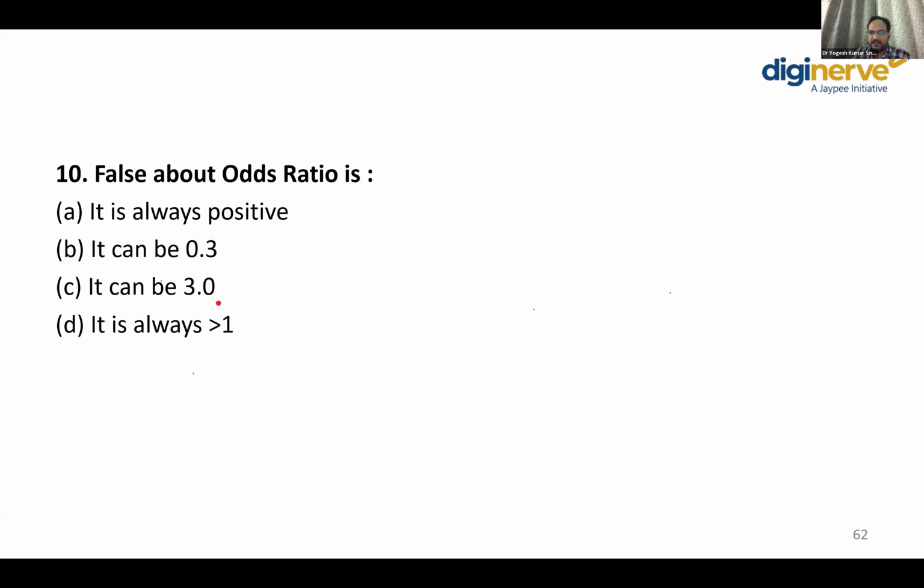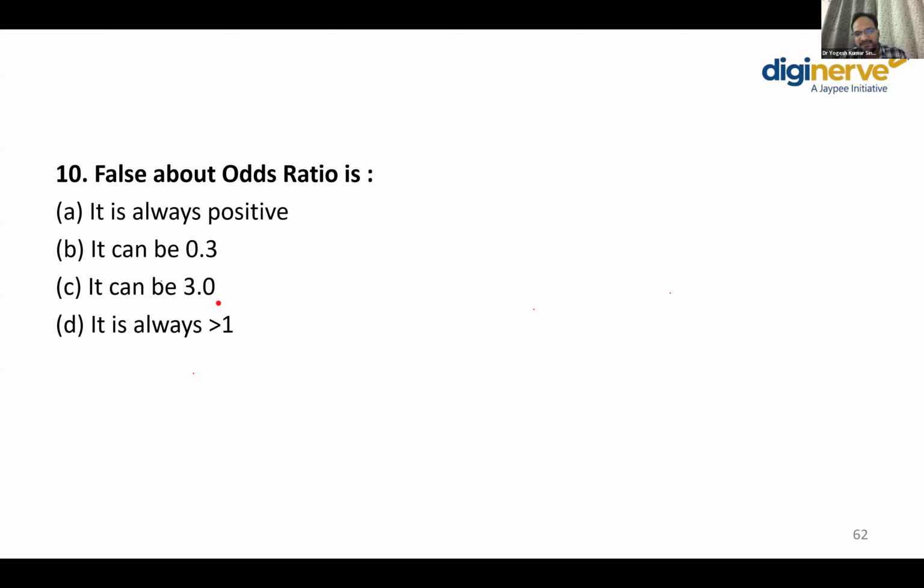Rosnich is saying D. The question asks for false. Some are saying D, Sarita is A. They are asking odds ratio is always positive. How can it be negative? Tell me, how can it be negative? We are doing AD by BC.